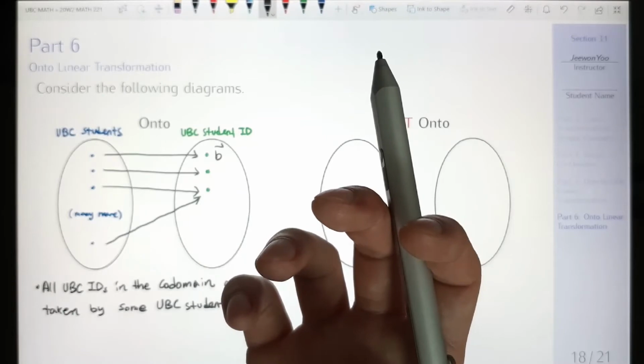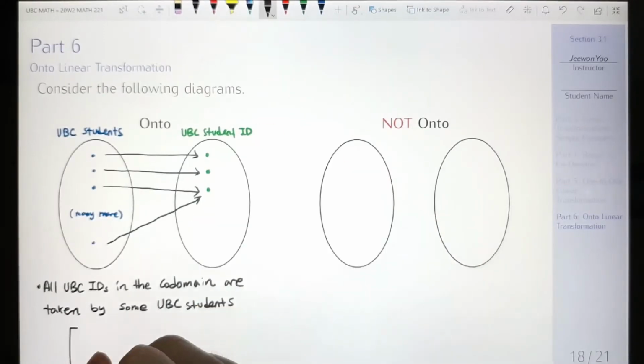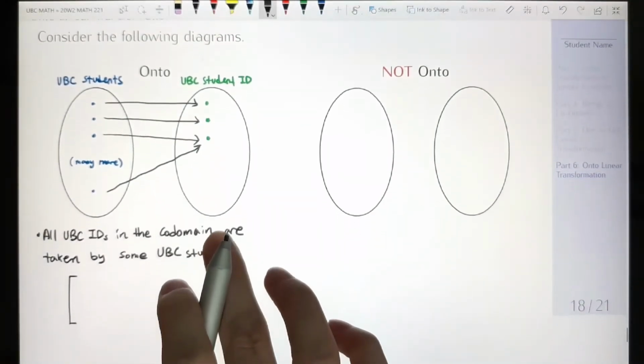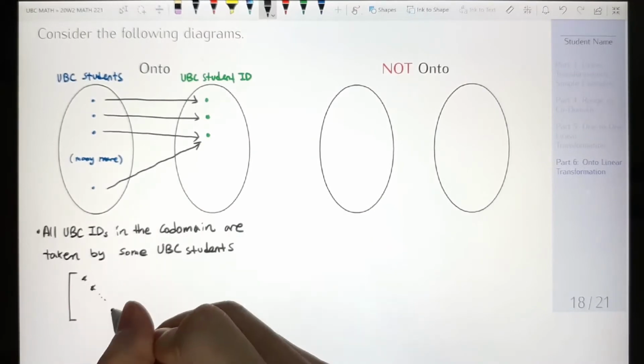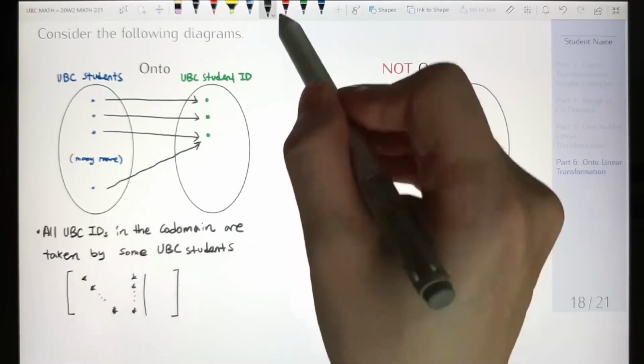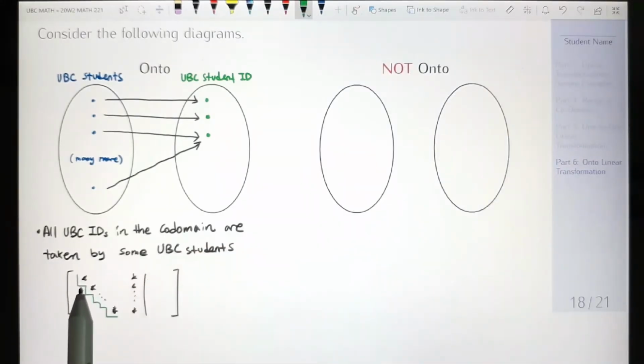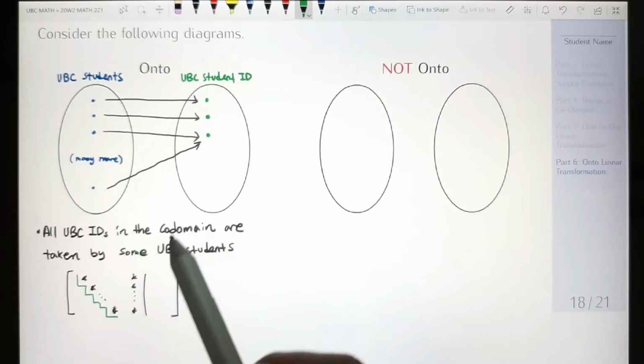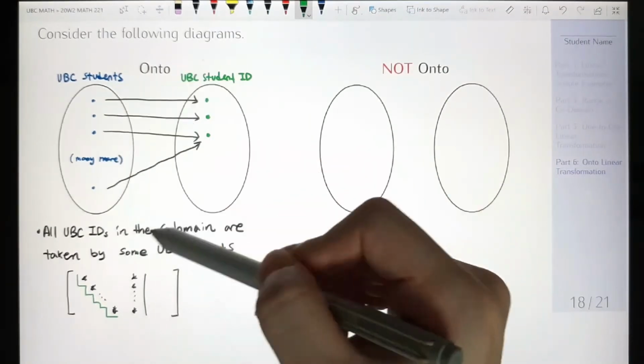A pivot in every row. So an augmented matrix looks something like that. We don't care whether we have a free variable or not. As long as we have pivot in every row, then the transformation is onto.